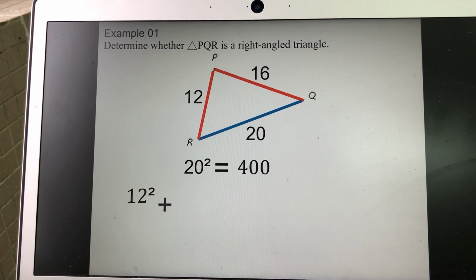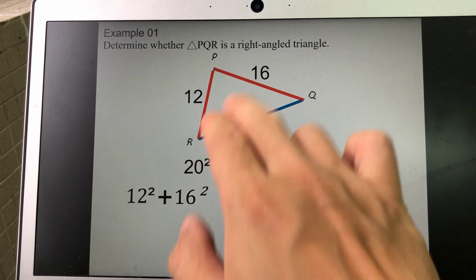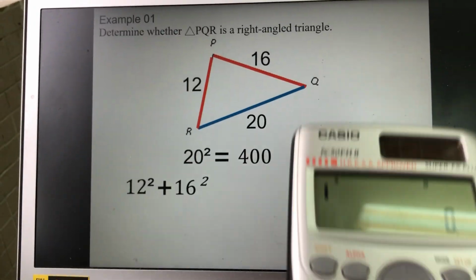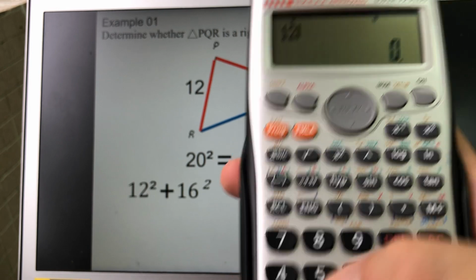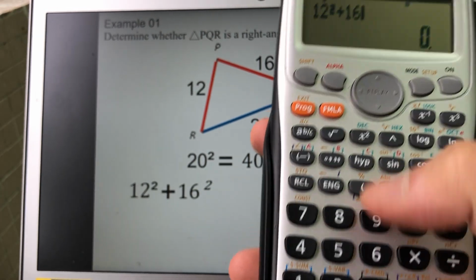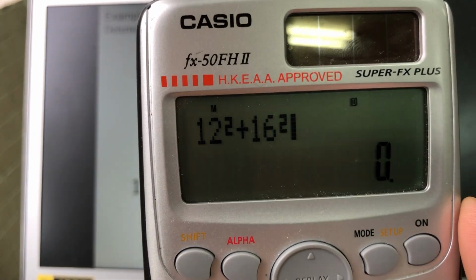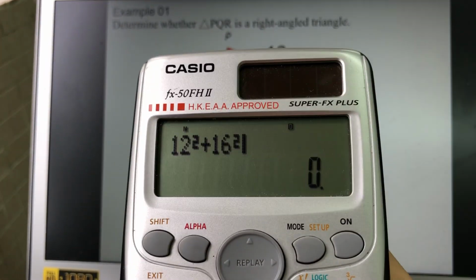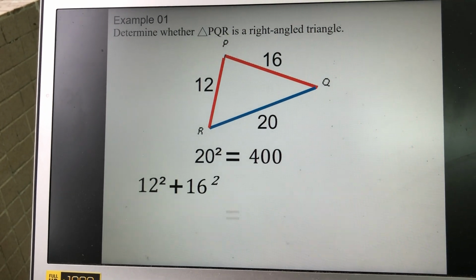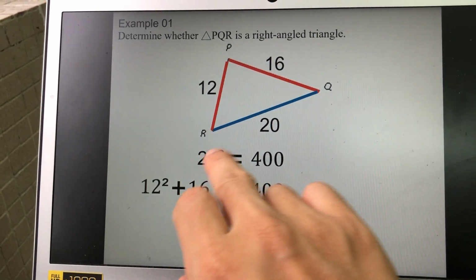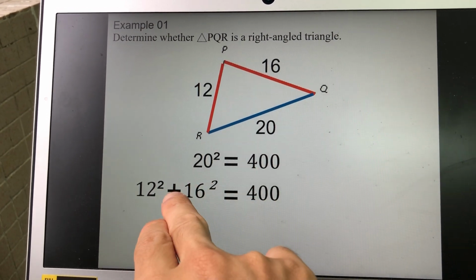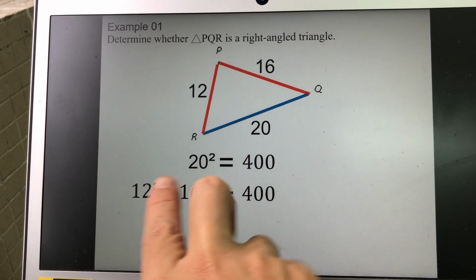What is the result? 12 to the power of 2 plus 16 to the power of 2. The answer is 400. What a coincidence. The longest length square is 400, and the sum of the legs square is also 400.